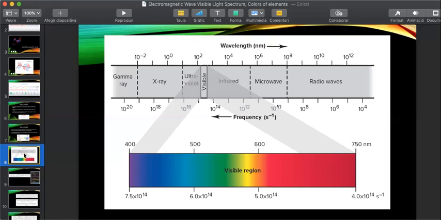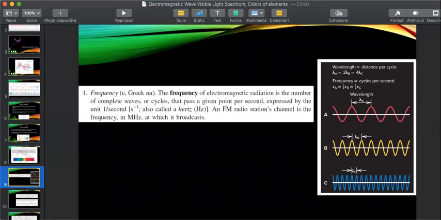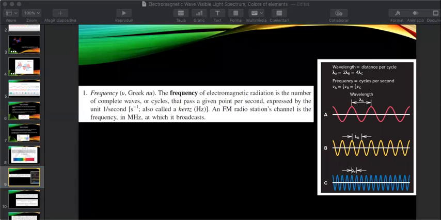Excellent. So if we want to talk about the wave nature of light, the wave properties of electromagnetic radiation are described by 3 variables and 1 constant. The first is the frequency.